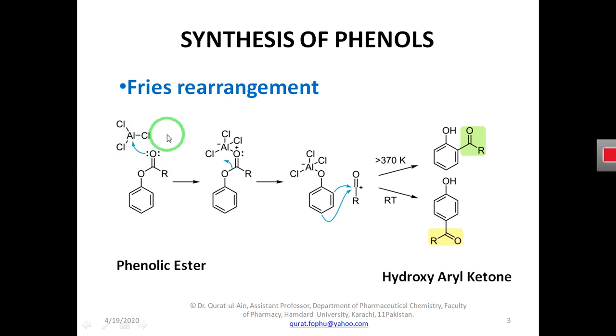A Lewis acid is a chemical species that has a free orbital to accept an electron to make a Lewis adduct. And an adduct, as I discussed in my previous lecture, is a product of a reaction, or a molecule that is made up of a combination of two or more molecules.